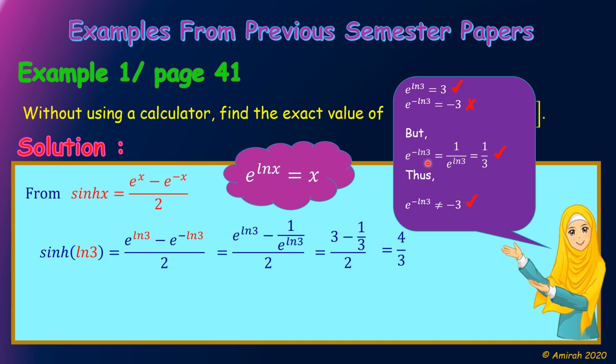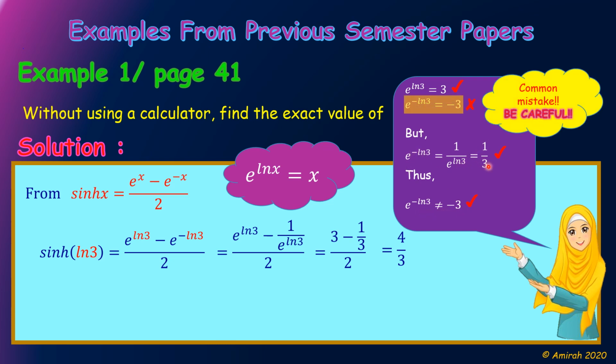For e to the power of negative ln 3, we need to change it using the properties of indices. So we have 1 over e to the power of positive ln 3, which equals 1 over 3. Thus, e to the power of negative ln 3 does not equal negative 3, but equals 1 over 3.